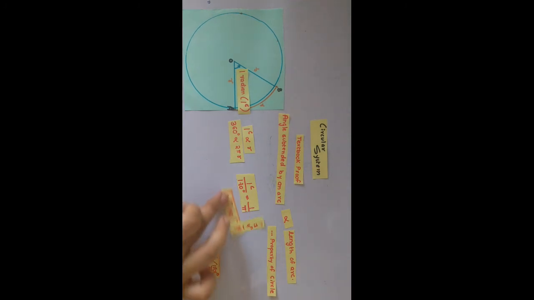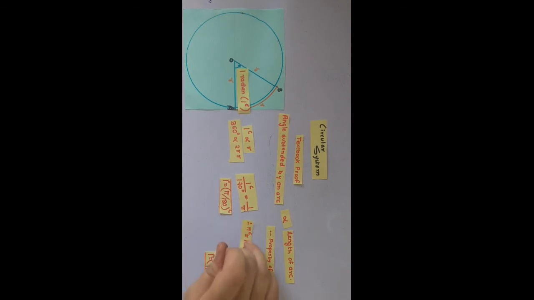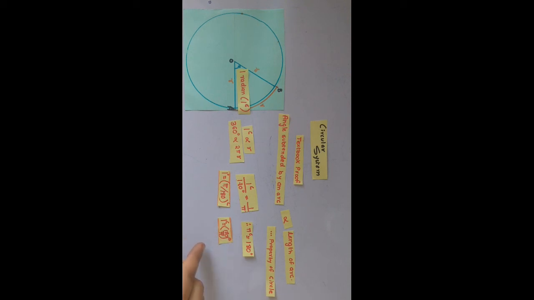Now if we consider the equation 1 radian equals 180 divided by pi degrees, pi can be written as 3.14. So 180 divided by 3.14 turns out to be 57.2958. So 1 radian is 57.2958 degrees.